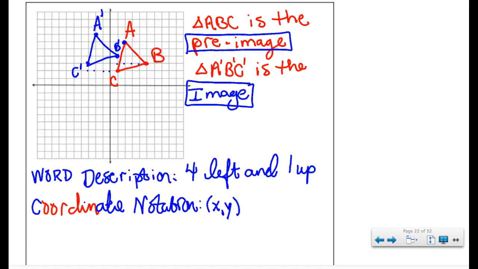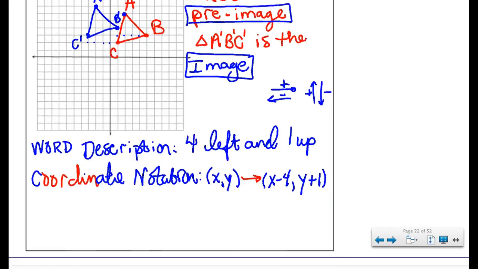So I'd say every point got mapped to, that's what this arrow means, and when I moved it 4 to the left, that would be to subtract 4, and when I moved it 1 up, that would be to add 1. So left is subtract, right is add, up is add, and down is a subtraction in the coordinate notation.